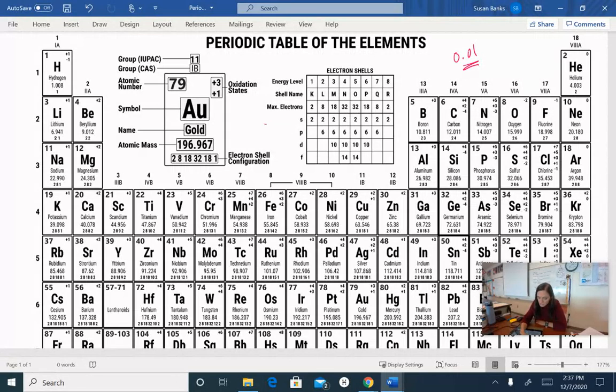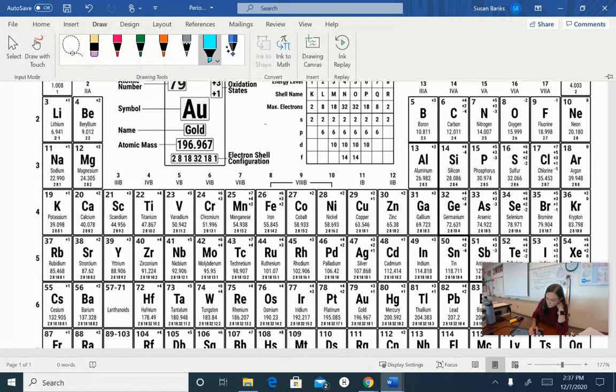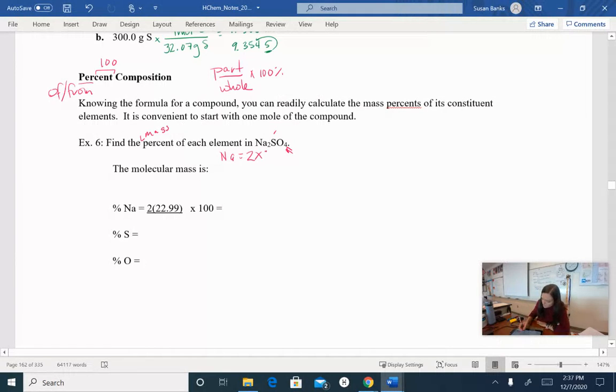So we are going to look up our various elements here. So sodium, we have 22.990. So to the hundredth, that is going to round up to 22.99. So let's put that on here. 22.99. Looks like I flipped over too quickly.